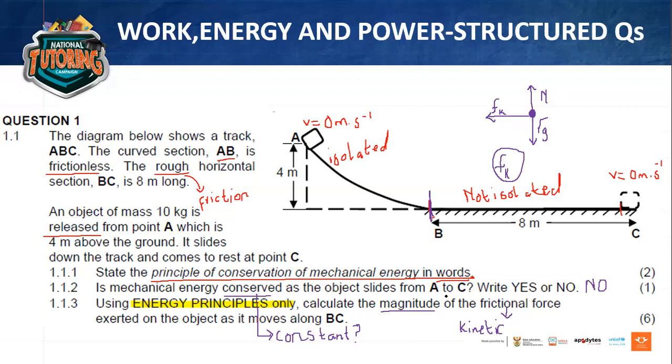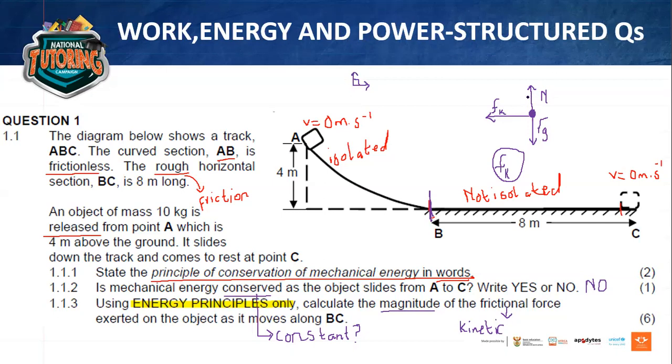Now, my dear learners, let us look at the forces that are doing work. We can conclude that the normal force is not doing work. Why? Because the direction of displacement is to the right, and the normal force is going upwards, so the angle between the direction of displacement and the normal force is 90 degrees.